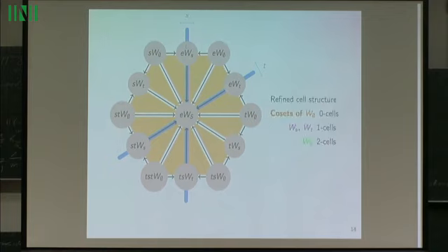I'd like to put a refined cell structure on the Davis complex. And by refined, I mean there are fewer cells. Here we let the cosets of spherical subgroups which have 0 generators be the 0-cells, and the cosets of spherical subgroups which have 1 generator be the 1-cells.